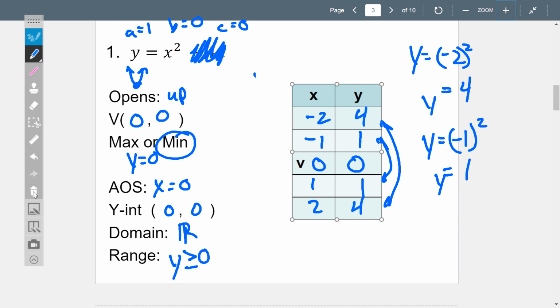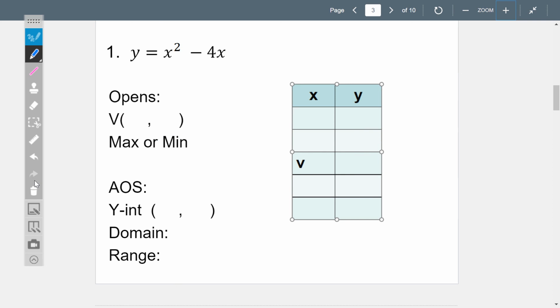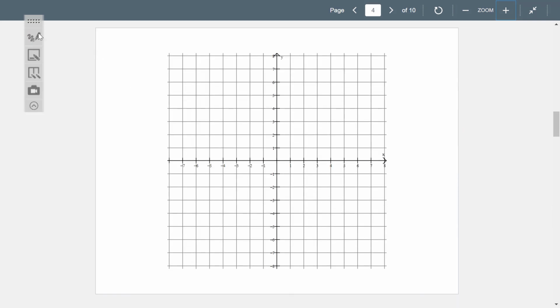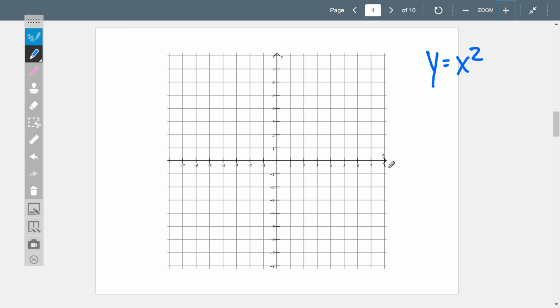Now let's see what this graph of this parent function y equals x squared looks like. So this is without any transformations applied to it. Y equals x squared. So we had the vertex at 0, 0, and the axis of symmetry is going through that point, so like this. We had 1, 1, and 2, 4.